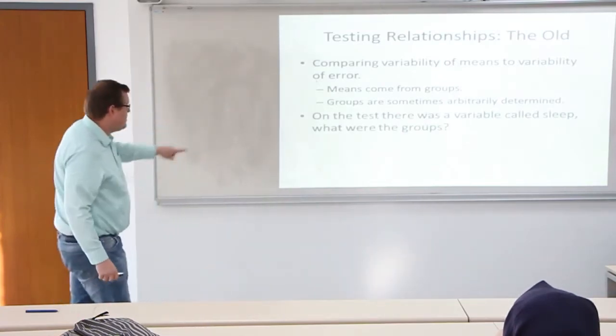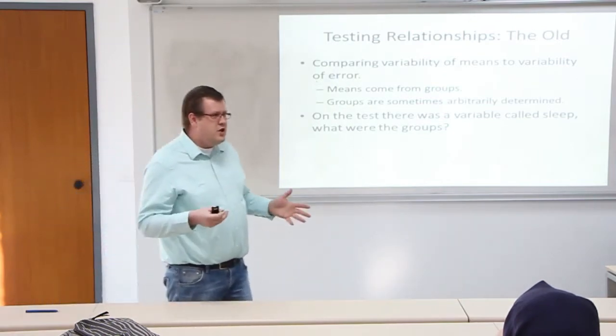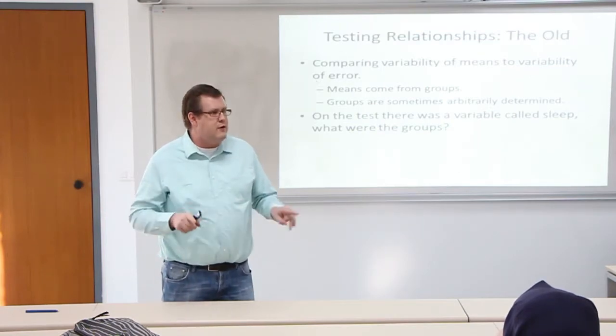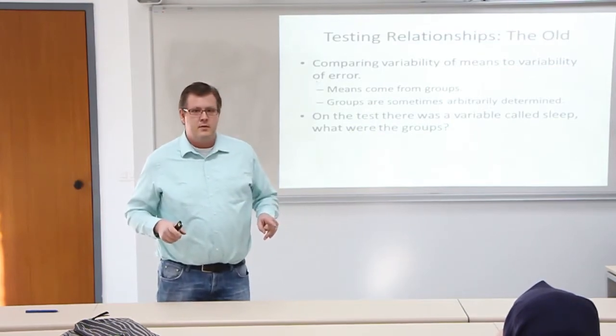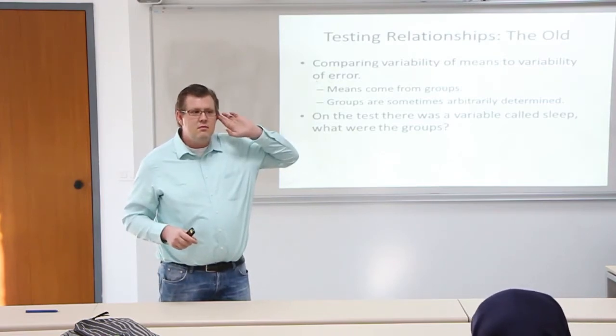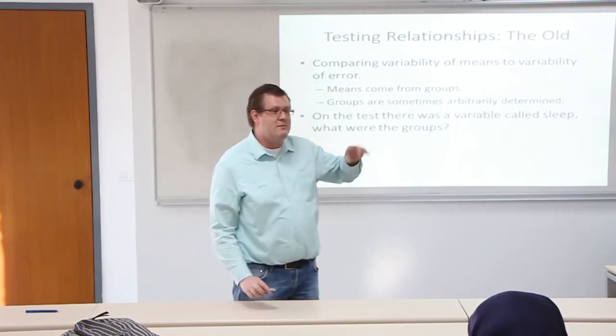So on the test, there was this variable called sleep. What were the two groups that were associated with sleep? What were the different levels of sleep? No, not like slow wave sleep and REM sleep. Not that sleep.